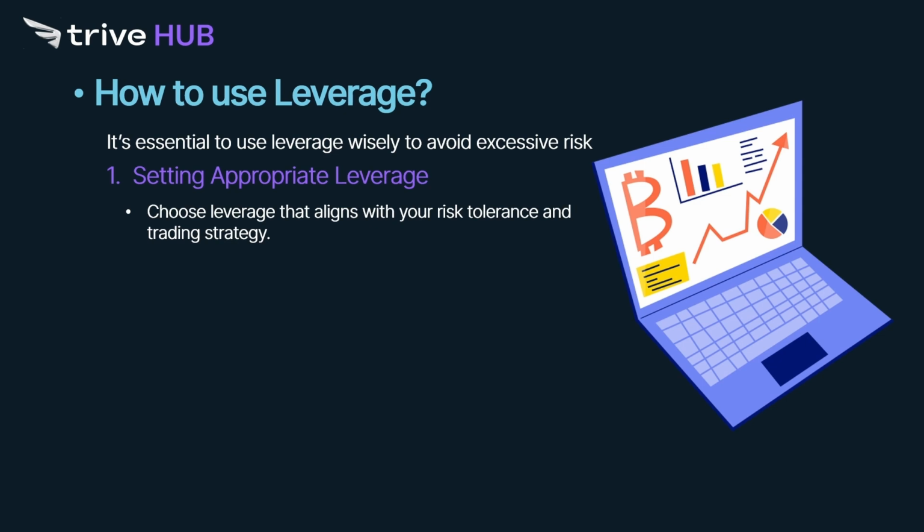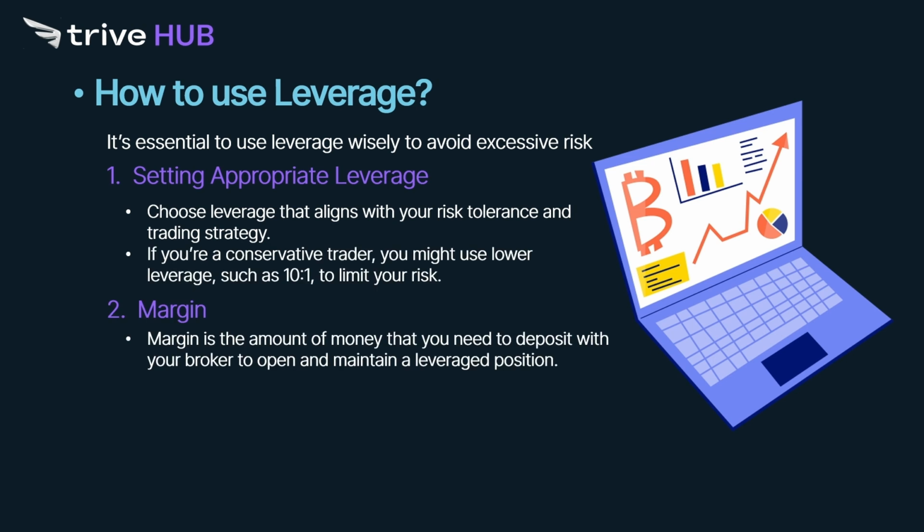Then margin. Margin and leverage are mostly interconnected. Margin is the amount of money that you need to deposit with your broker to open and maintain a leveraged position. Margin is like a collateral, a security deposit required to use leverage.